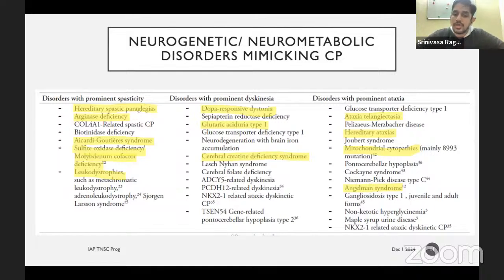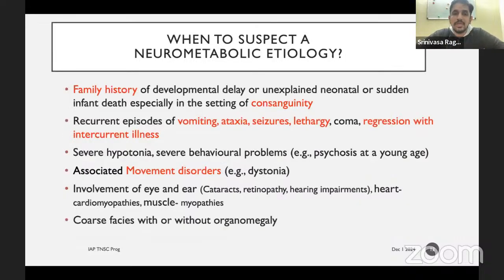Glutaric aciduria and dopa-responsive dystonia can present like dyskinetic cerebral palsy. And ataxia telangiectasia, mitochondrial disorders, and Angelman syndrome can present like a predominantly ataxic form of cerebral palsy. So all these are some examples of common disorders which can present as CP and can be mistaken for CP. So when do we suspect a neurometabolic etiology?